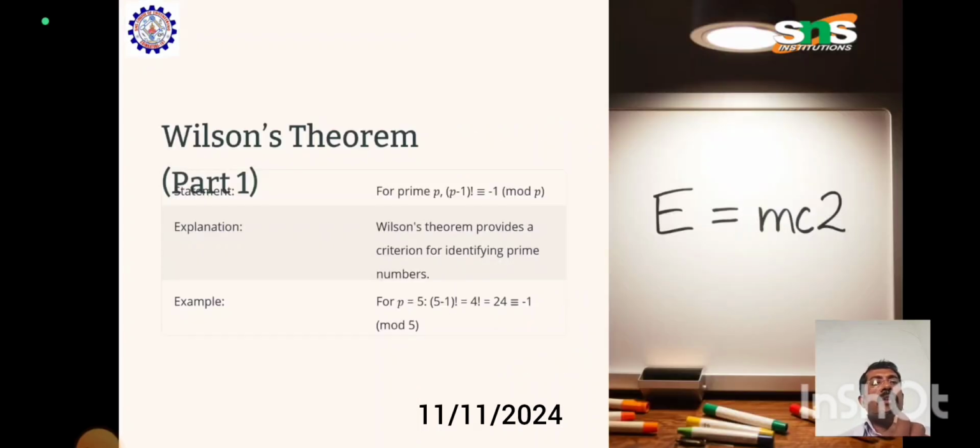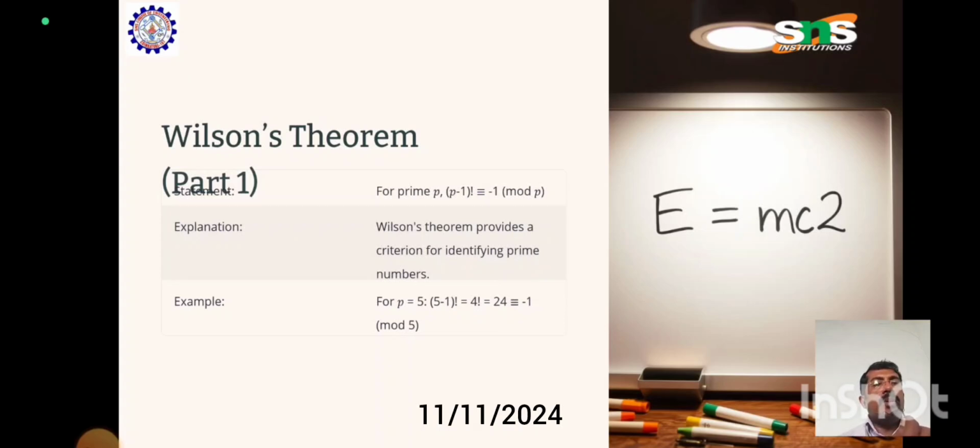In Wilson's theorem, the concept we use is, for any prime number p, we can write p minus 1 factorial is congruent to minus 1 mod p. This is the concept given by Wilson while discussing congruent structure in the prime number system.